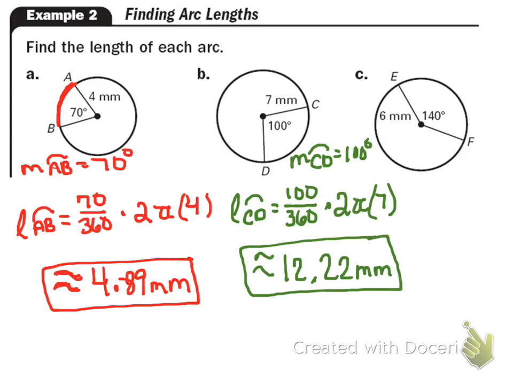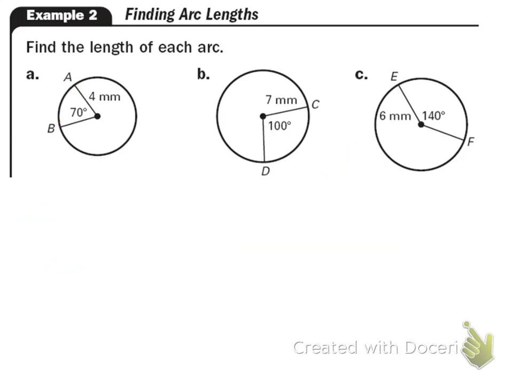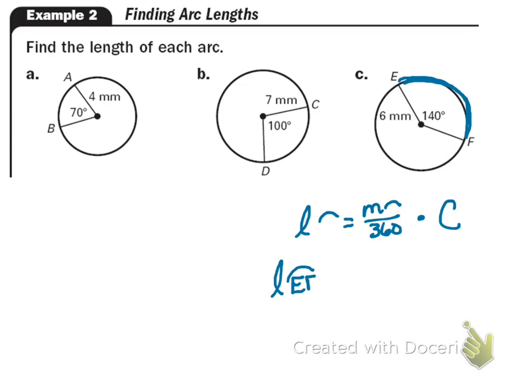Alright, let's try this one more time. I'm going to need to erase some of this out of my way so we have some room. Alright, one more time. I want to find the length of arc EF. Remember, to find the length of an arc, you want the measure of the arc over 360 times the circumference. So the length of arc EF would be the fraction that arc EF is of the whole circle, which would be 140 over 360.